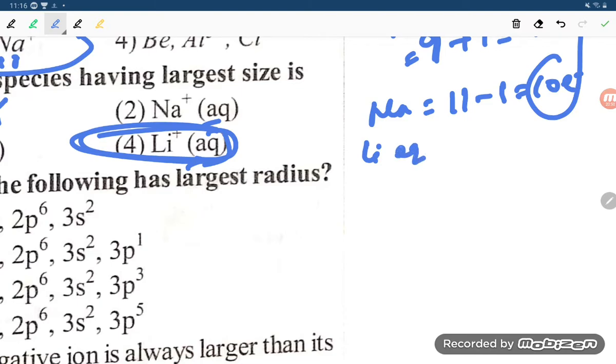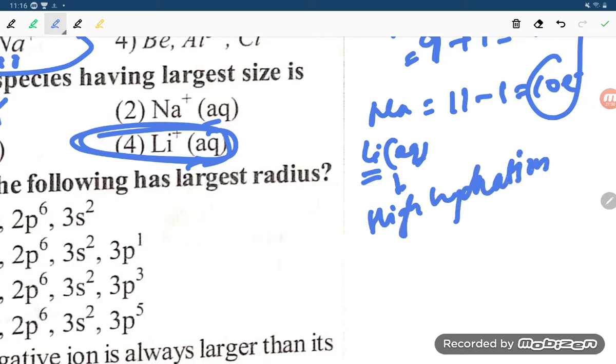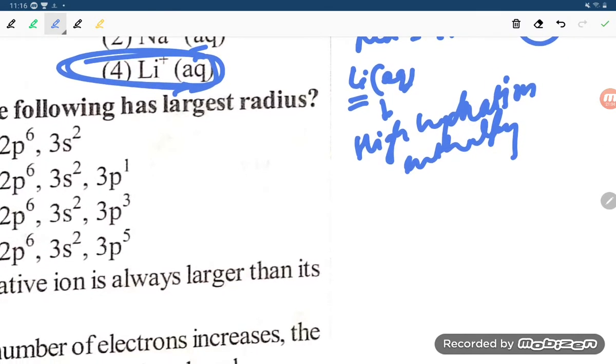Lithium aqueous means what, student? Due to the small size of lithium, it has high hydration enthalpy. High hydration enthalpy means it easily gets hydrated. So Li+ can be surrounded by many water molecules, student, due to high hydration.